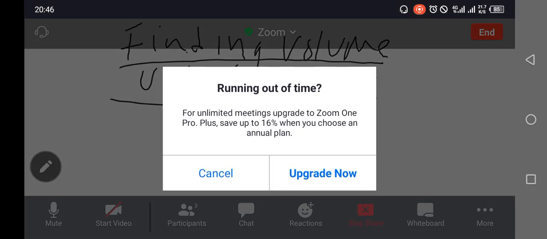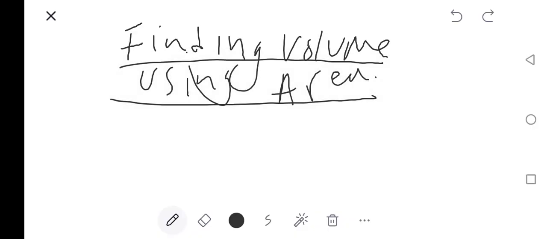We are no longer using sides. We are finding volume using area. Like they've given you the A squared, B squared.